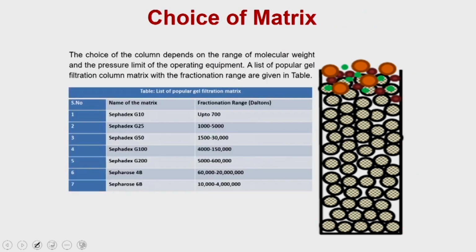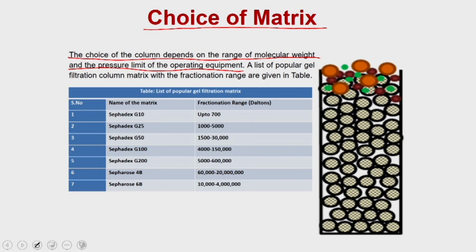Now, let us see what are the metrics you can use for gel filtration. The choice of column depends on the range of molecular weight and the pressure limit of the operating equipment. If you remember, when we were discussing the protein purification system, we discussed the different types of pumps you can use. You can use low pressure pumps, middle pressure pumps, and high pressure pumps.